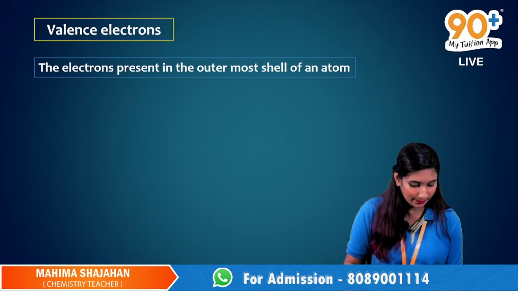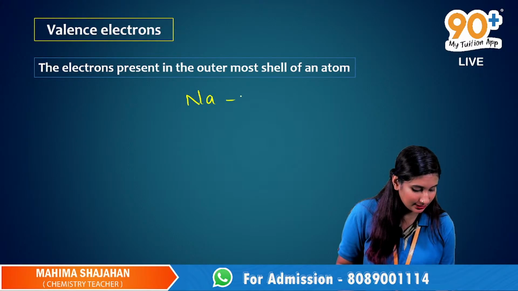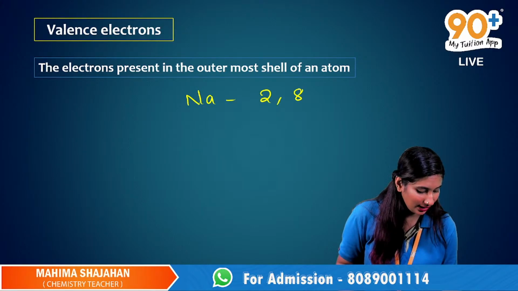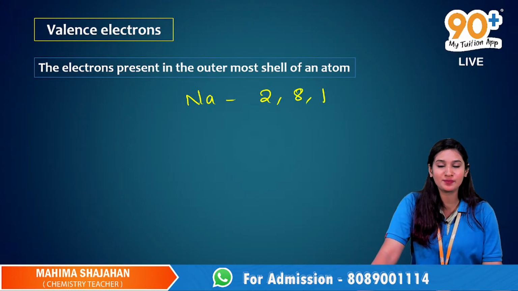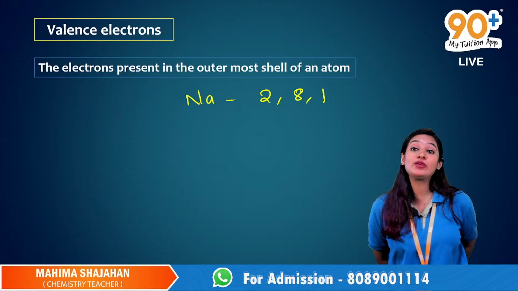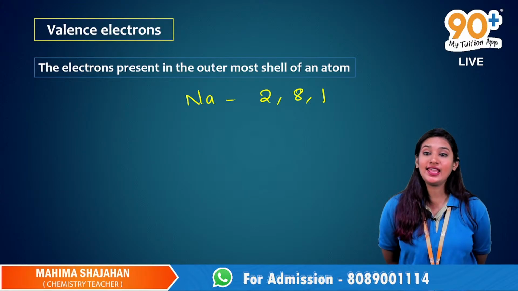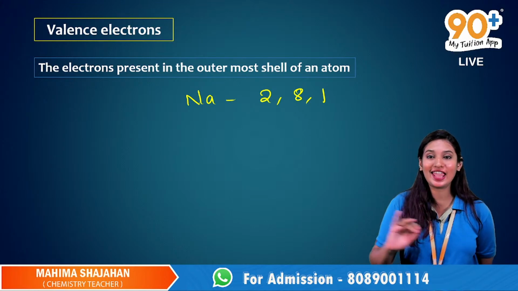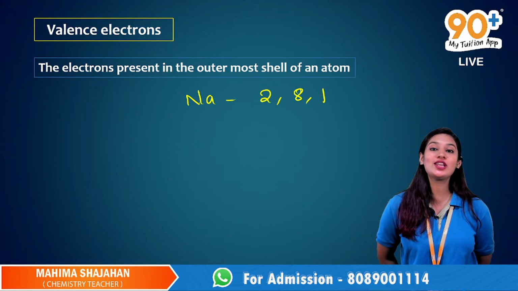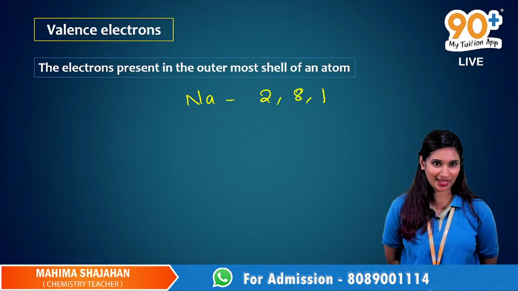Okay, for example, sodium has got 2, 8, 1. This is the electronic configuration of sodium, right? Yes. Now what sodium will try to do is, in the outermost shell, it should reach 8 electrons. Now sodium has got 2 ways. Okay.